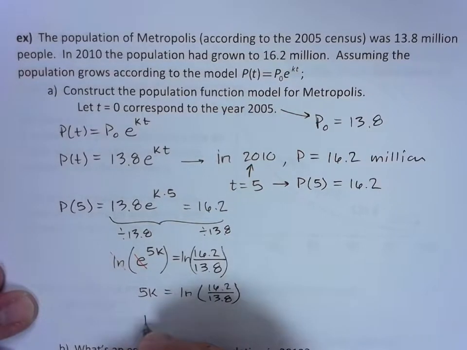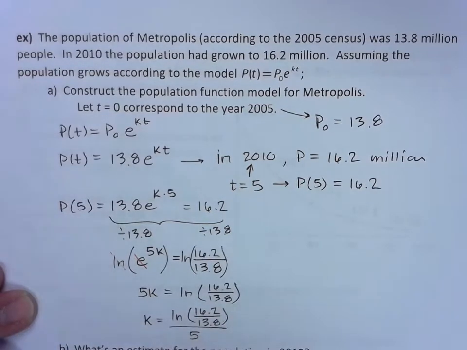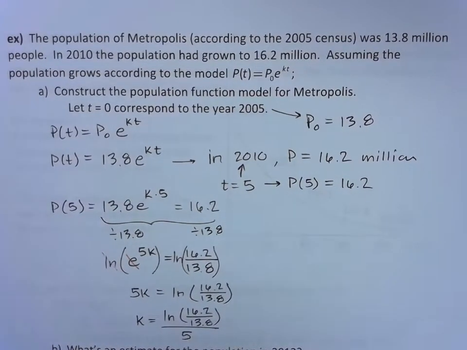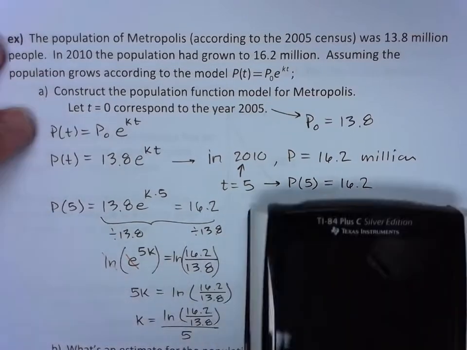So we finally divide by 5, and this represents the calculator entry that you need to do to figure out your k value. And divide that natural log by 5. So let's go to the calculator and crunch out our k value.